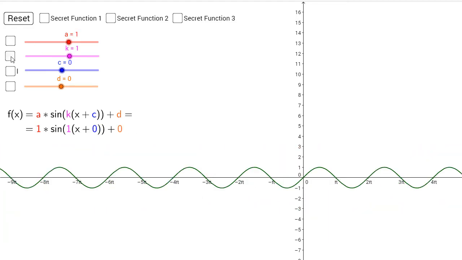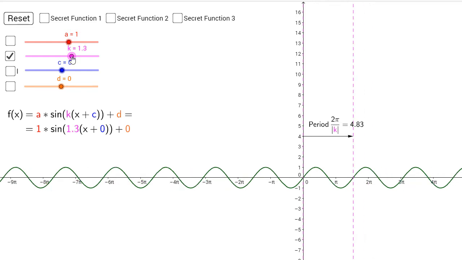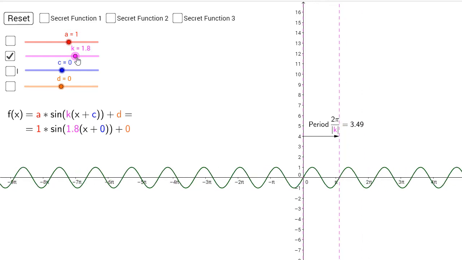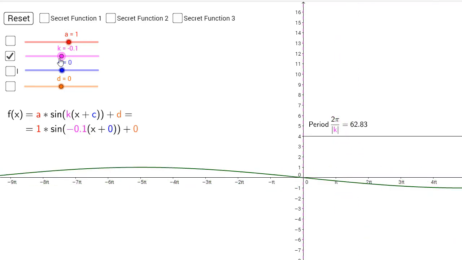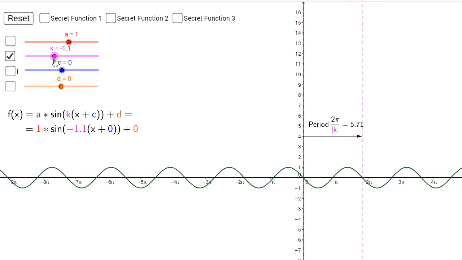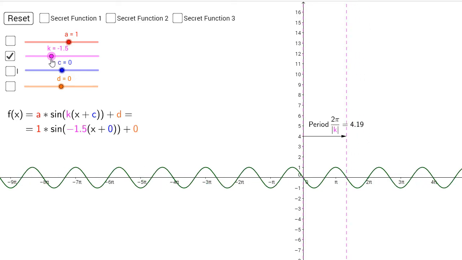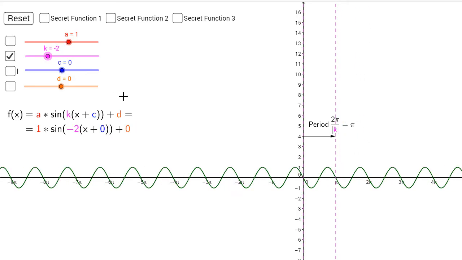The next variable is k, and we can see here that the period, which is the distance between two identical points, shortens with bigger values of k. And the connection between the period and the k value is that the period is equal to 2 pi divided by the absolute value of k.